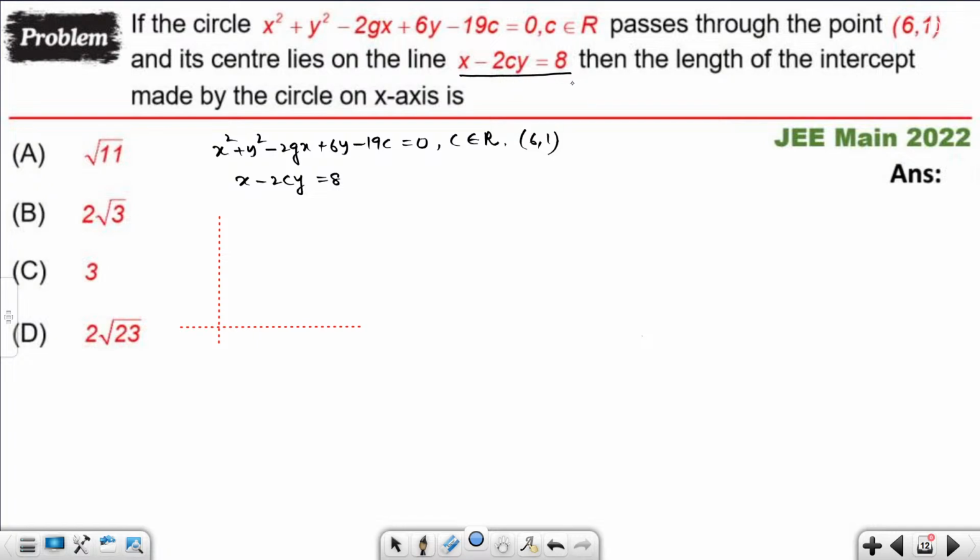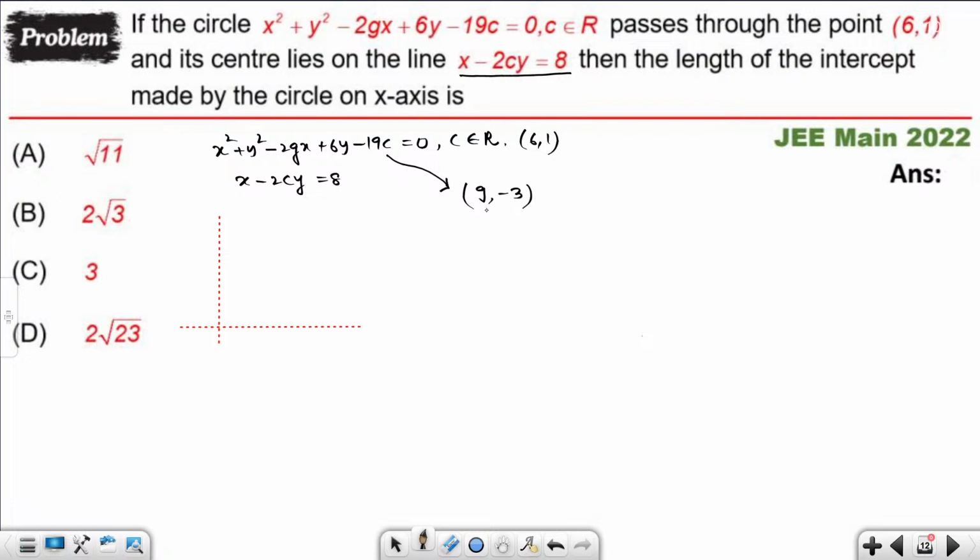Then the length of the intercept made by the circle on the x-axis. Clear? Now the center, even if I don't draw, I can do it. First of all, what is the center of this circle? It is minus g, comma, minus 3. This is the center.